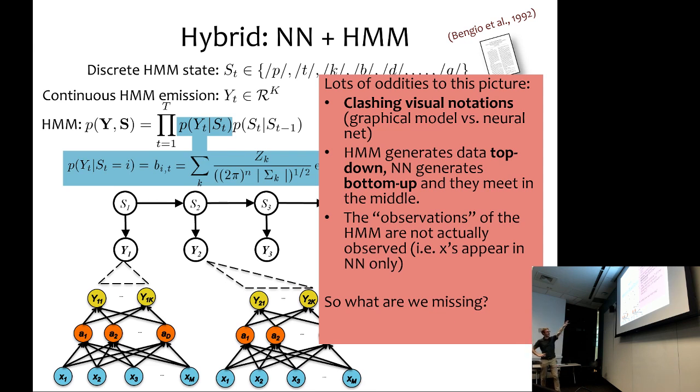That's the actual generative process for any Bayesian network: to start at the root and gradually generate down to the leaves. By contrast, the neural network starts at the bottom and generates up. The weird part about this is that in this case, the observations of the HMM are not actually observed. Right? The X's are the actual speech audio features as input.